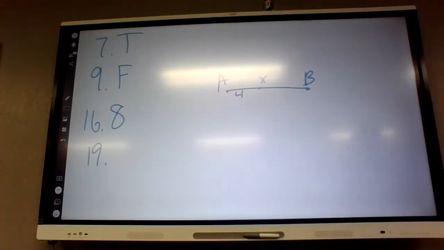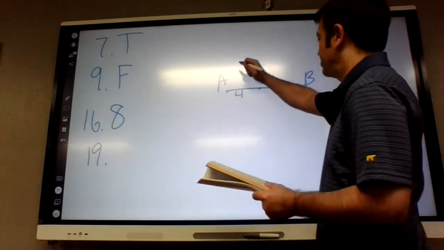Find a, nope. Given the coordinate of M, the midpoint of AB, okay, so they're saying M is the midpoint.